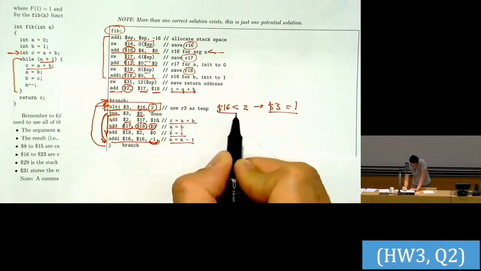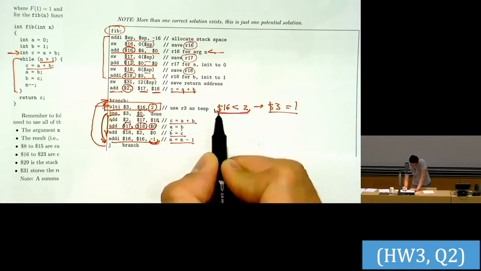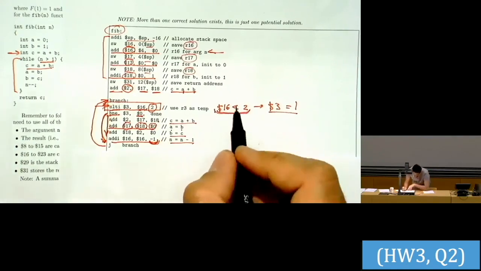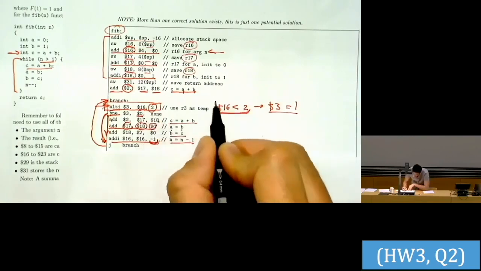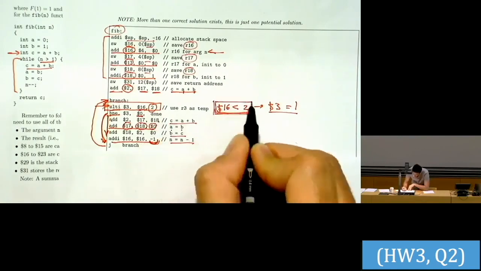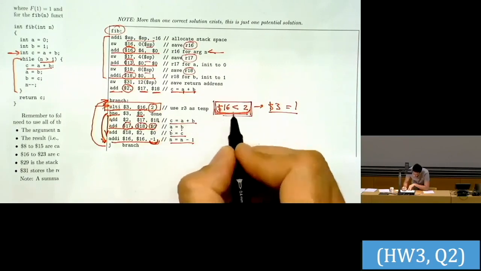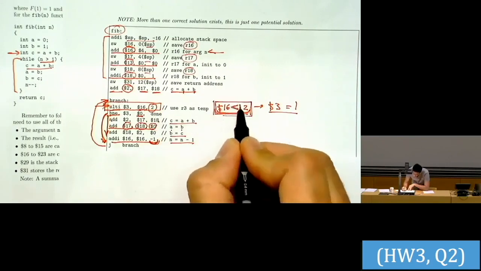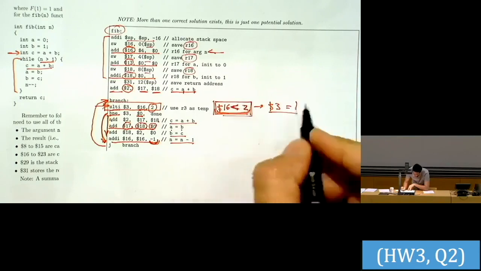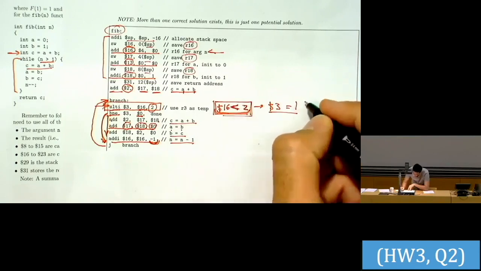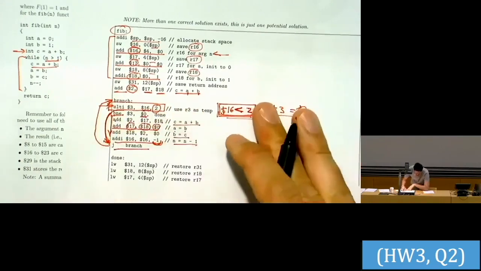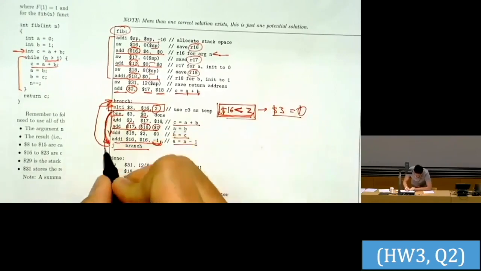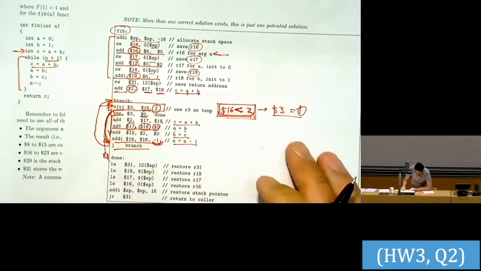When register 16, which contains n, is lower than 2, then this will be 0, and then here we will take the branch down to here, and we will finish the loop.